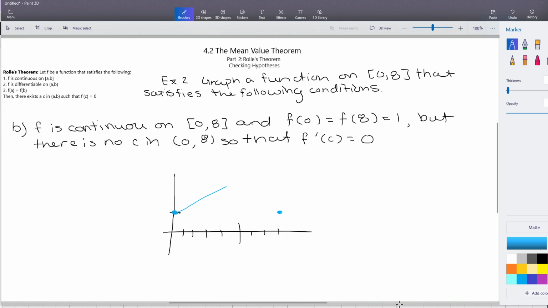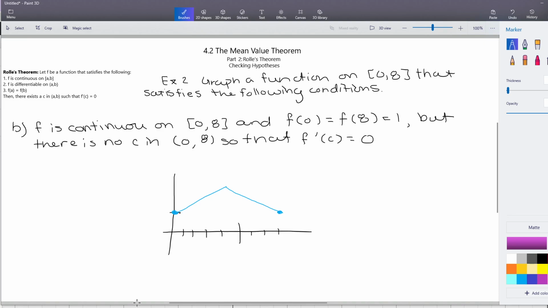So I'm actually going to form a sharp corner here, a cusp point, because I know that there is no derivative being 0 at this point. The function is not differentiable here.